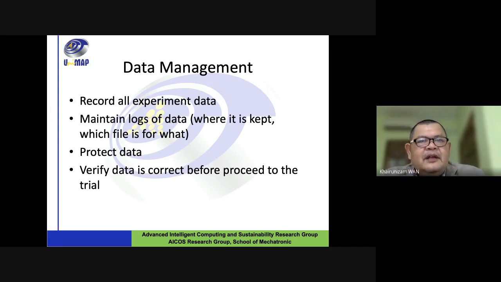After collecting data from the first trial, please verify that the data is correct before you proceed with the second trial, or before you proceed with the next subject, and up to the last subject. This is very important, because if you do not verify it, and the experimental setup is not right, the data will also be wrong. So you have to redo the experiment again and again and again.